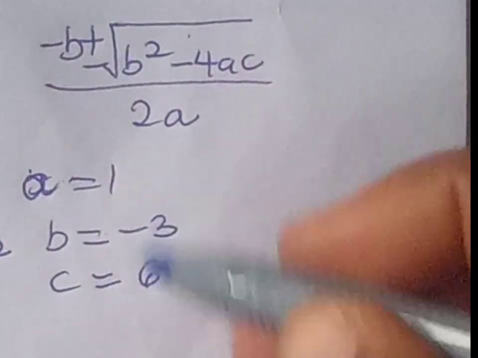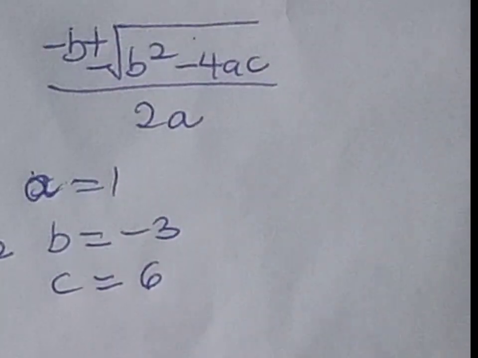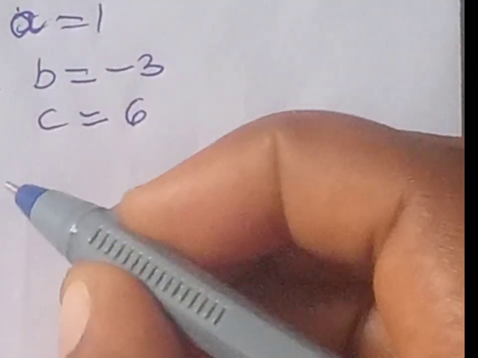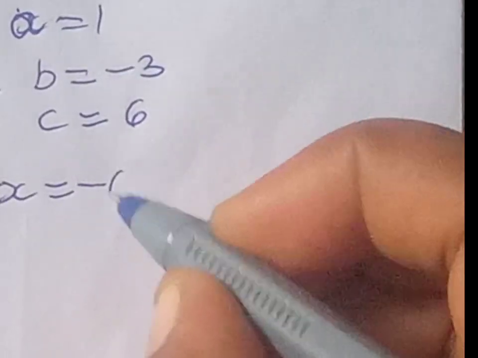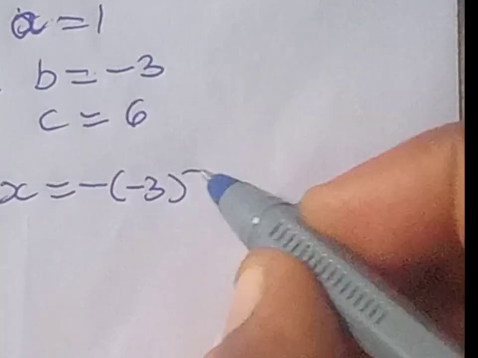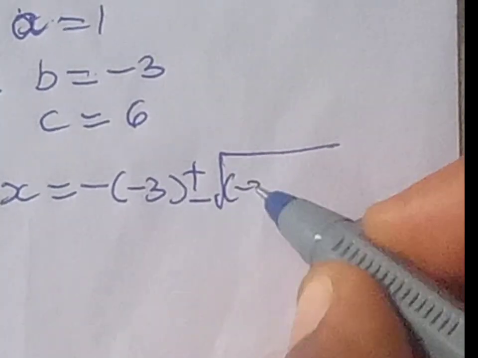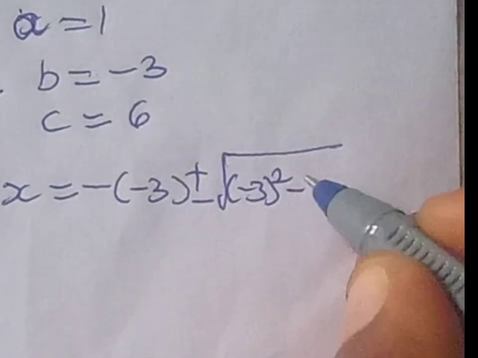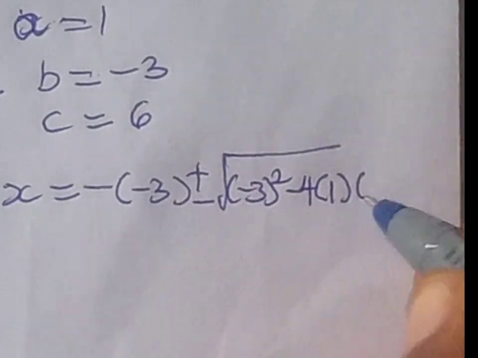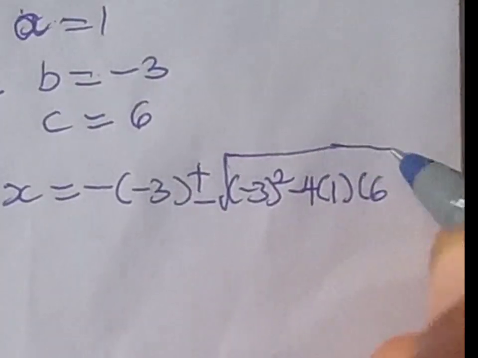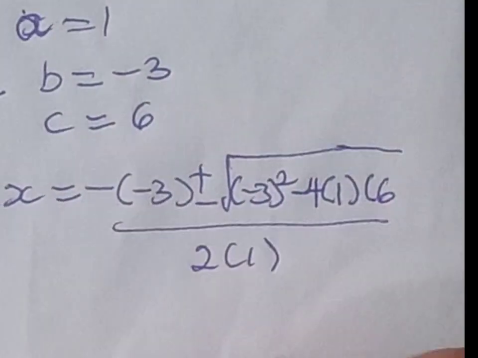So let's substitute a, b, and c into the quadratic formula, which will give us x equals minus minus 3 plus or minus square root of minus 3 squared minus 4 times 1 times 6, divided by 2 times 1.